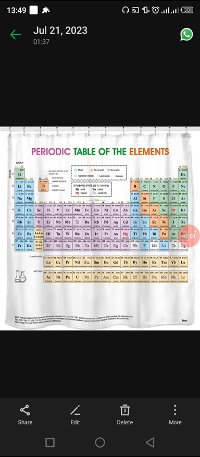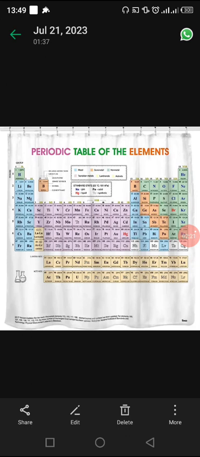Some examples of binary compounds: group 1 elements bond with group 7, forming binary compounds. Group 2 bonds with group 6, forming binary compounds, because they only consist of two elements and undergo electrovalent bond.